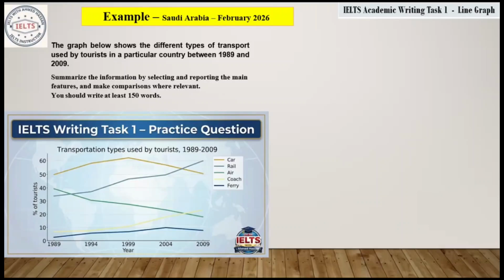You should write at least 150 words. You will write 150 words? Or more? Sure, more. Approximately how many words will you write? 200.